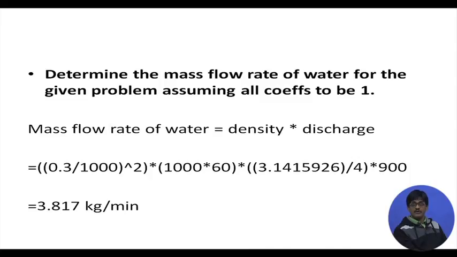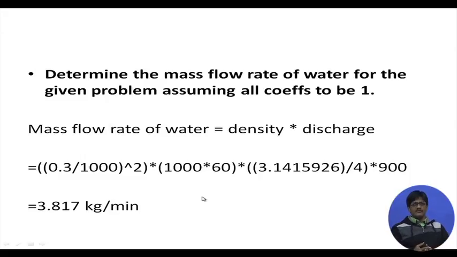Why so? Because probably we have to give the mass flow rate of water in terms of kg per minute. So, this calculation I have made in Excel. You can directly copy and paste once you get hold of the PPT file, and it is going to give you a result of 3.817 kgs per minute.